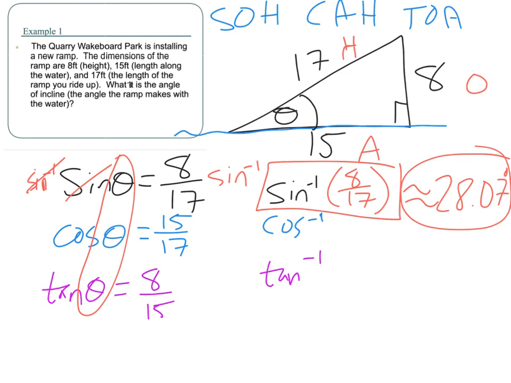I can do the same thing with any one of these. I could do the cosine inverse of this side, which means I have to do the cosine inverse of 15 over 17.